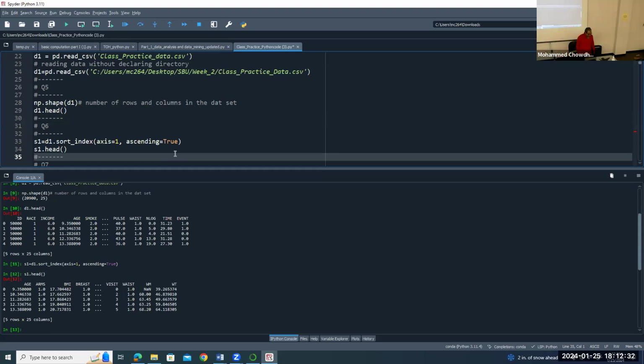So what is the code? Code is line number 33. So if you have a data set in which the names of the variables are appearing in a random manner, if you want them arranged in alphabetical manner, use this one: D1.sort_index, axis equal to 1. Axis equal to 1 means column. Axis 0 equal to row. Understand? Are you understanding?